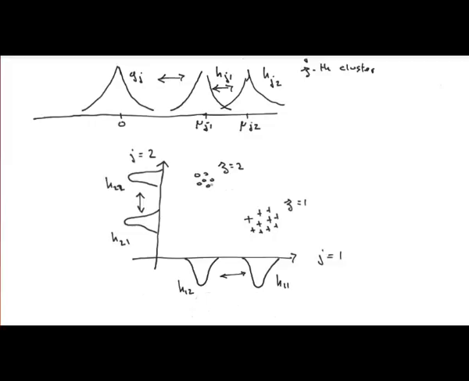Now, suppose that I have more points on the right of my second group, perhaps something like this. Well, H12 no longer has this shape.